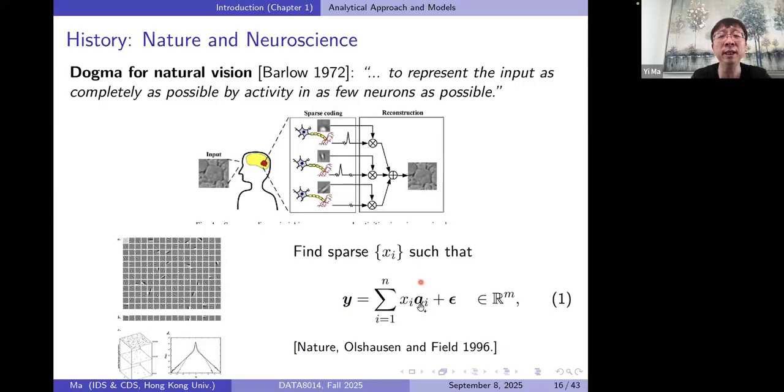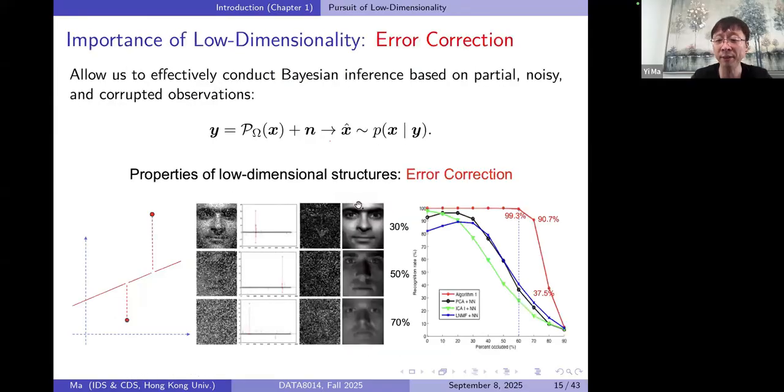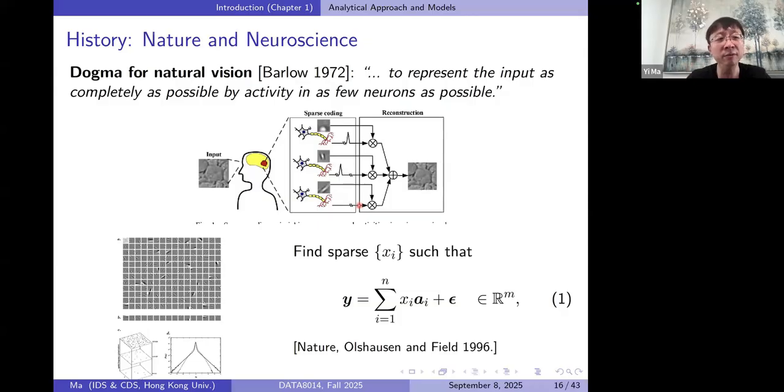If they fire, they generate this pattern. So you want to generate the full picture as a superposition of as few patterns as possible to interpolate the image. Hence it is very low dimensional, representing the phenomena with very low dimensional models.